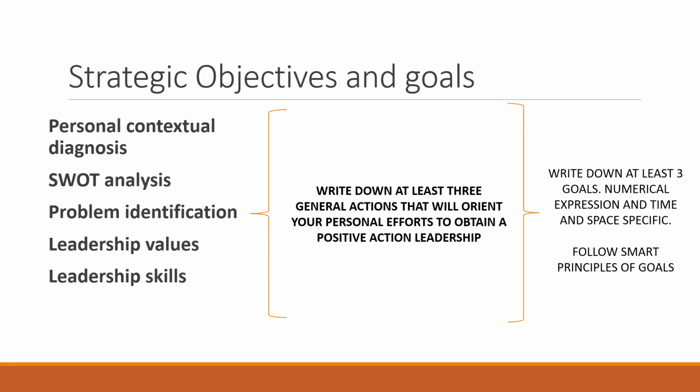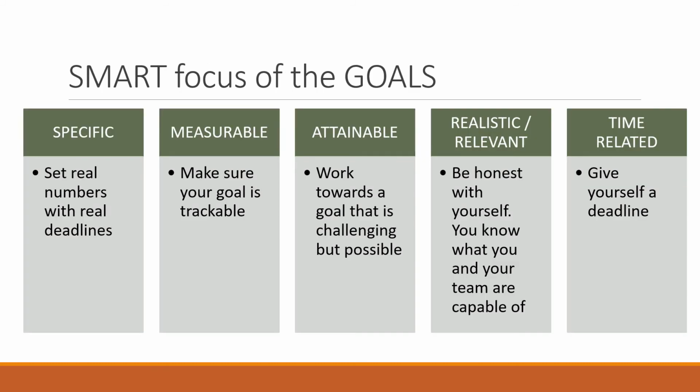I recommend you follow the SMART principles for writing down goals. What is the SMART focus of the goals? Well, they are specific, measurable, attainable, realistic or relevant, and time-related. What does that mean? Specific.